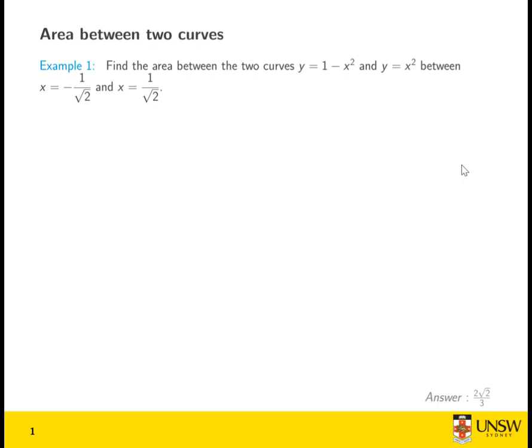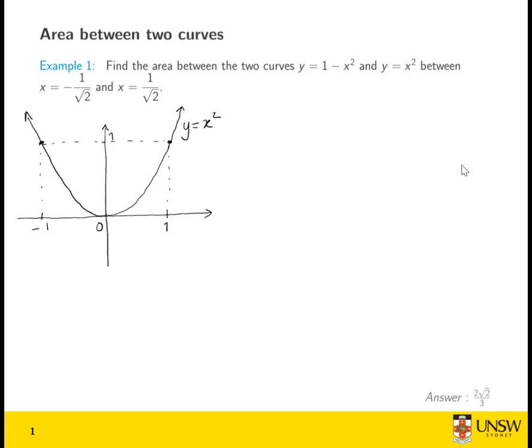The first thing we're going to do is sketch those curves to see what exactly we're trying to calculate. We recognize that these curves are both parabolas, one of them opening up and the other one opening down. The parabola y equal to x squared goes through the points with coordinates 1, 1 and negative 1, negative 1.